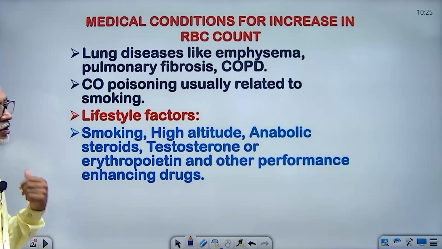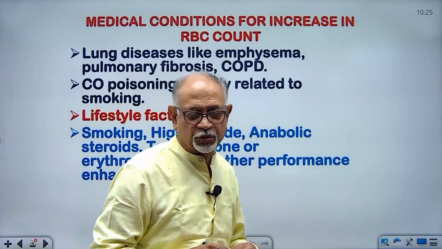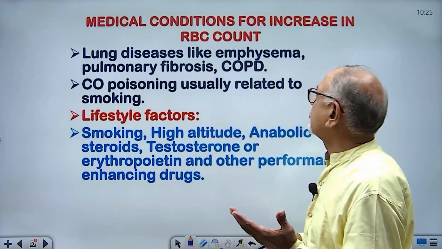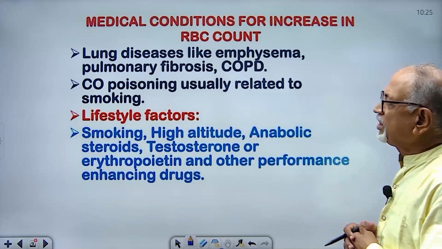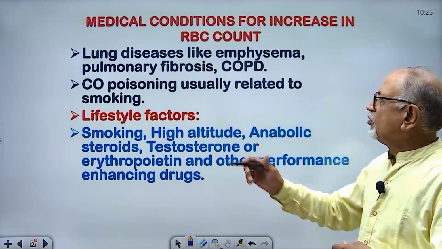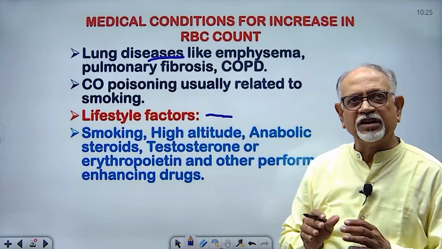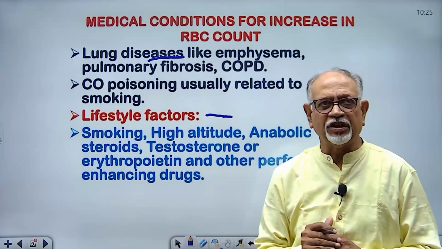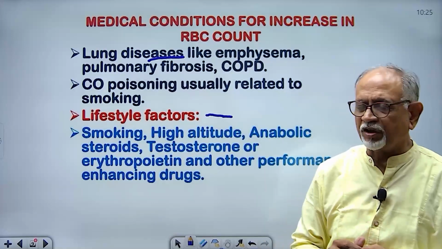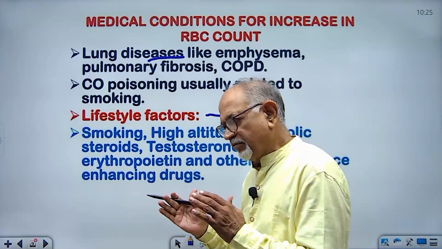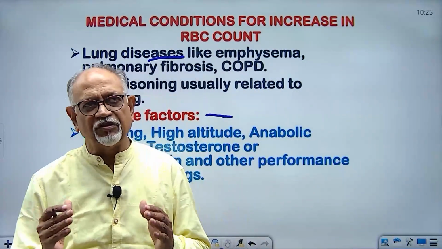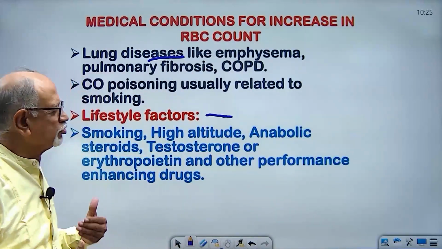Now, certain medical conditions in which an RBC count increase is observed. One is in the case of lung diseases. You know, when there is some disease in a respiratory organ, less amount of oxygen is diffused from the lungs into the blood.